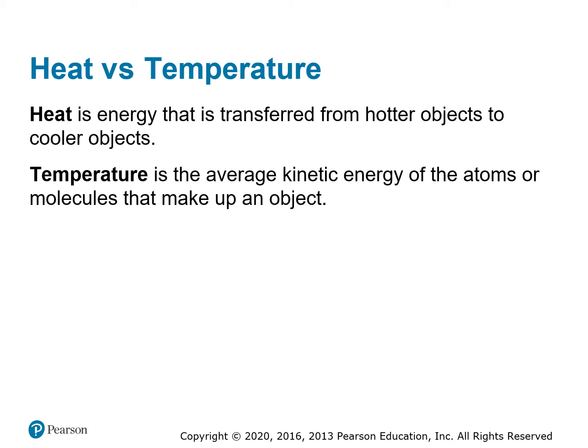Temperature, on the other hand, is the average kinetic energy of the atoms or molecules that make up an object. In simple words, think of temperature as a measure of how hot. So you could measure how hot or how cold an object is.